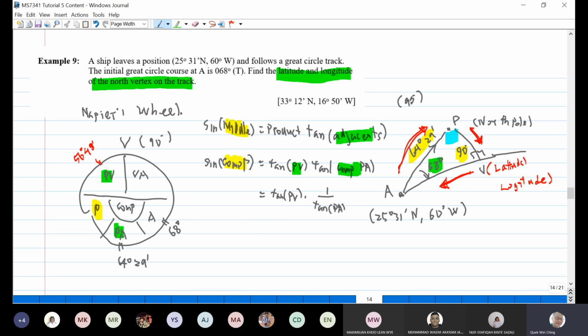We put it down and do the calculation here. This is tangent of 56 degrees 48 minutes over tangent of PA, which is 64 degrees 29 minutes.